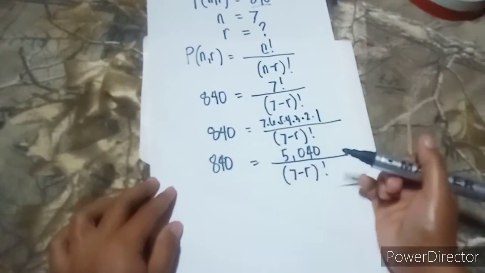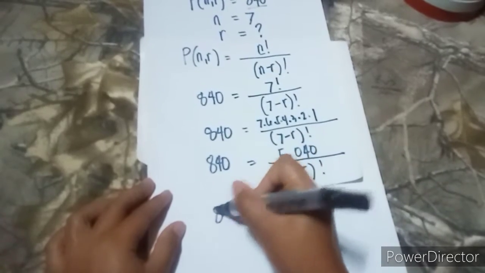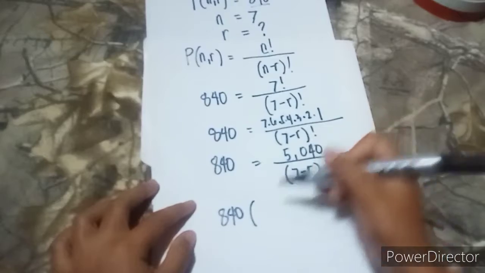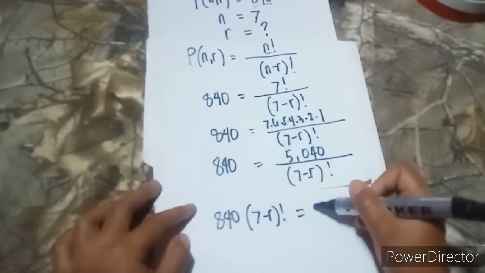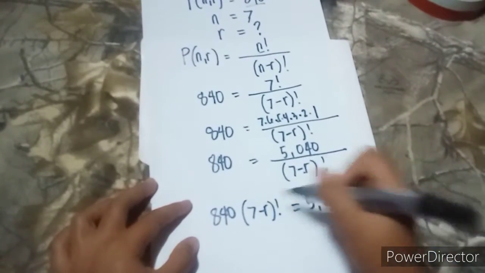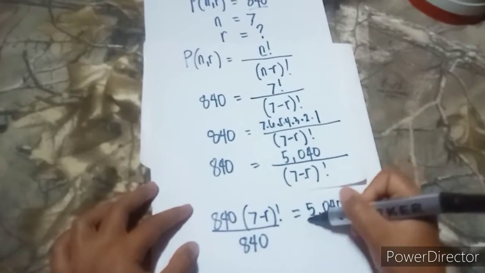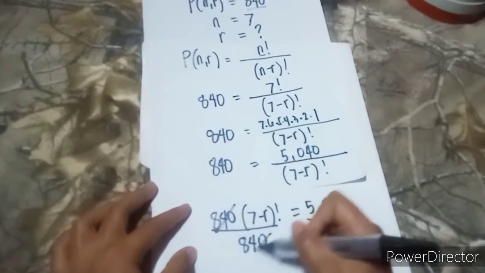We have to cross multiply. 840 times 7 minus r factorial is equal to 5040. So we divide both sides by 840 to cancel 840.